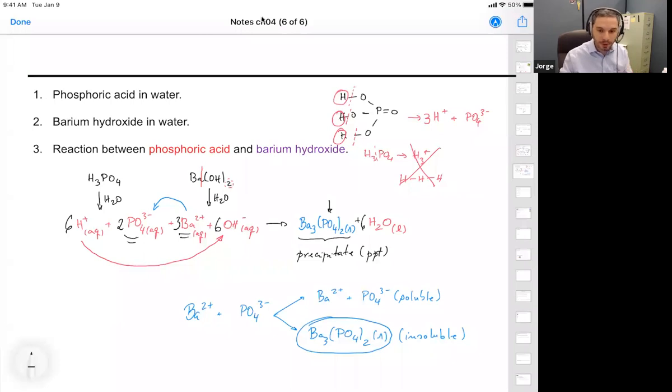You have to pay attention to the formation of a precipitate. You determine if there is a precipitate or not using the solubility tables. You don't have to find both parts of the salt in the solubility table. You either look for the cation or the anion, and pay attention to the exceptions.